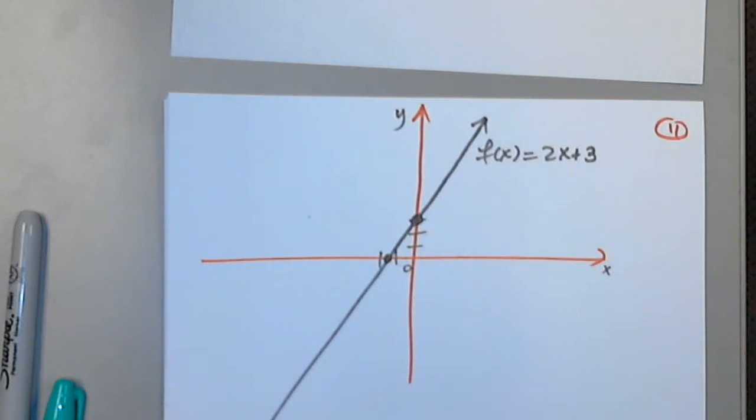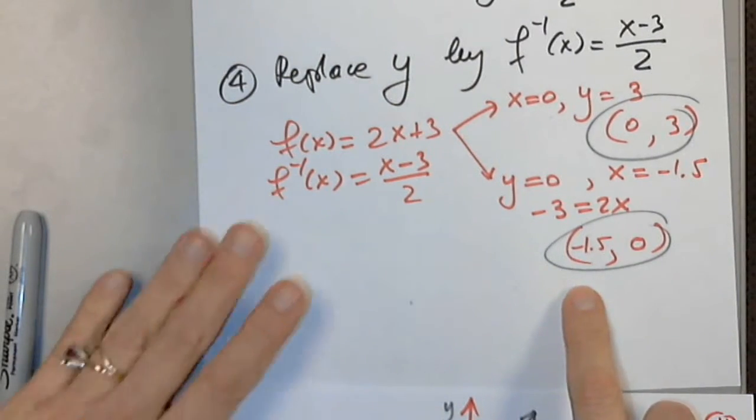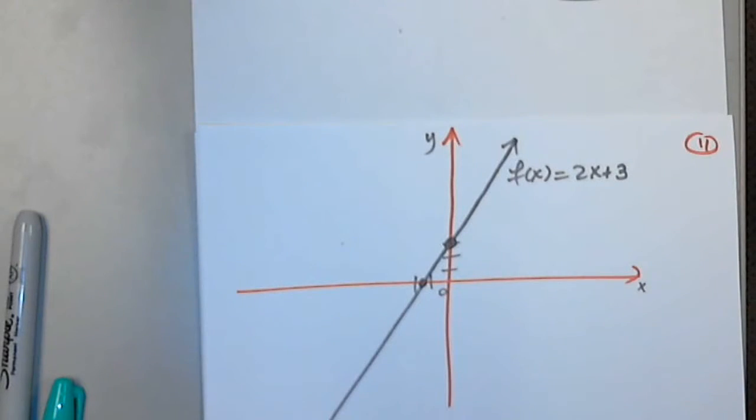Without any effort, I would like you to give me 2 ordered pairs that I will plot to graph the inverse. No calculations required. Say it again. 0, negative 1.5. Very good.